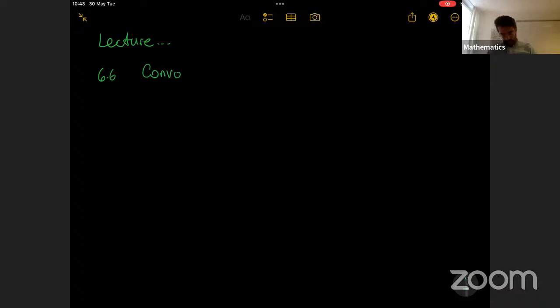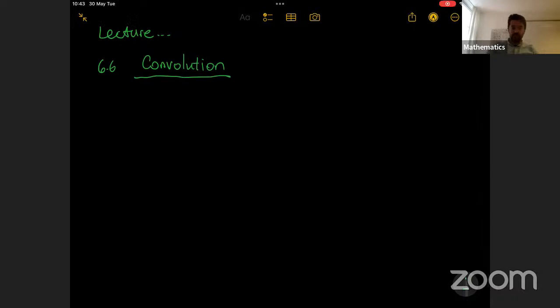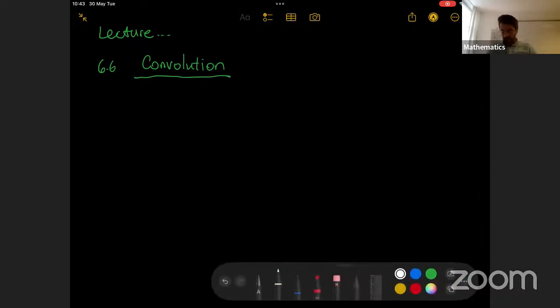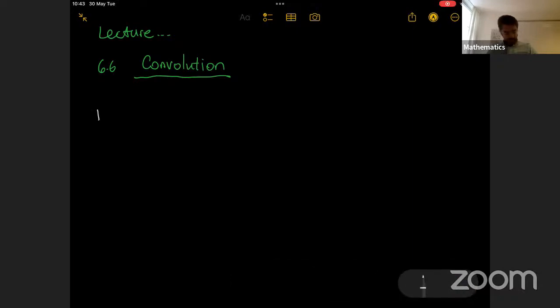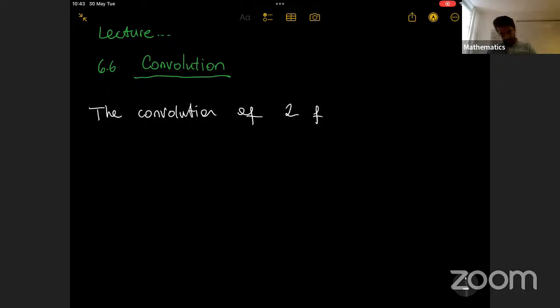Convolution. So let's define first what convolution is. Well, we take two functions. So here, the convolution of two functions f, g is defined by basically f.